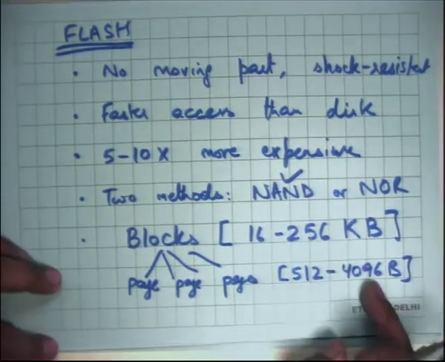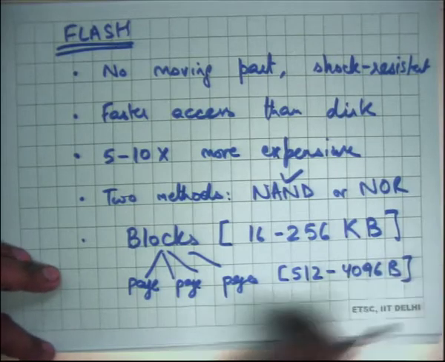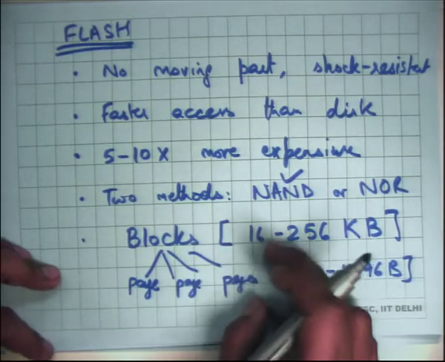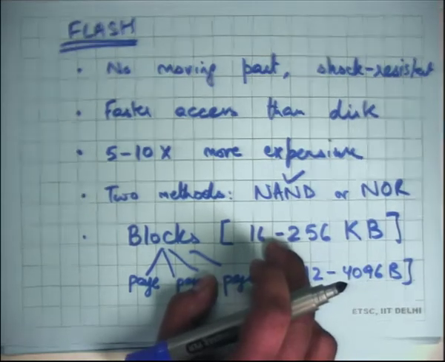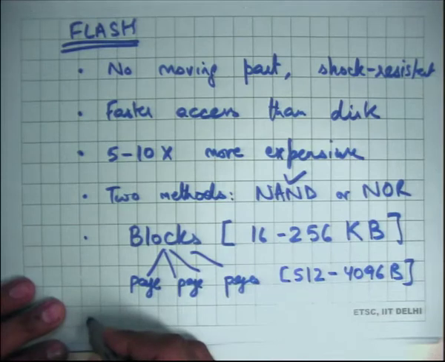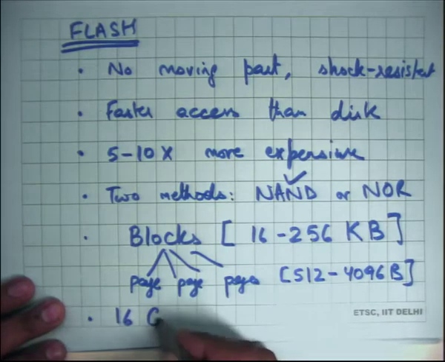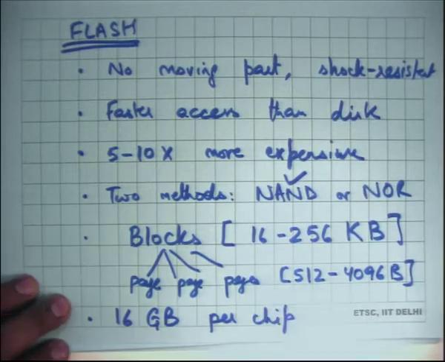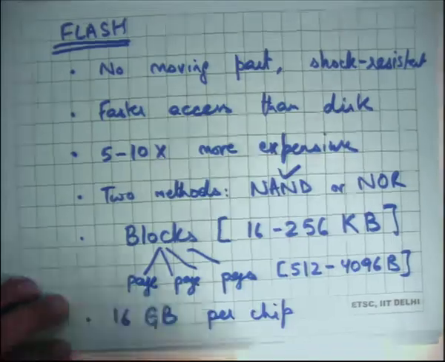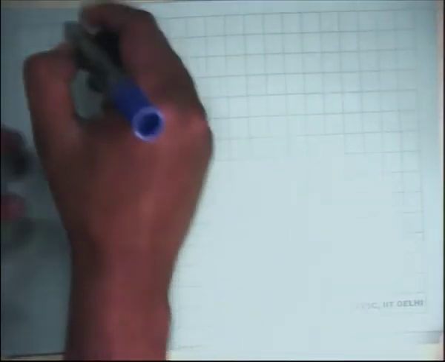It's between 512 to 4096 bytes, but multiple pages are within a block, and a block is 16 to 256 kilobytes on today's flash. And total capacity today that you can get for a flash device is around 16 gigabytes per chip.